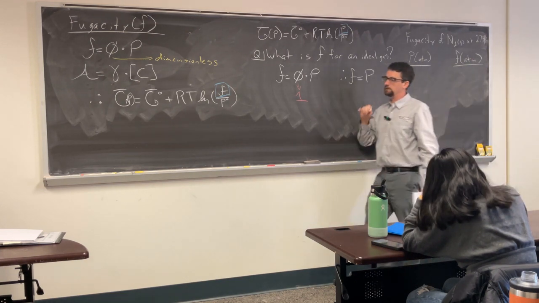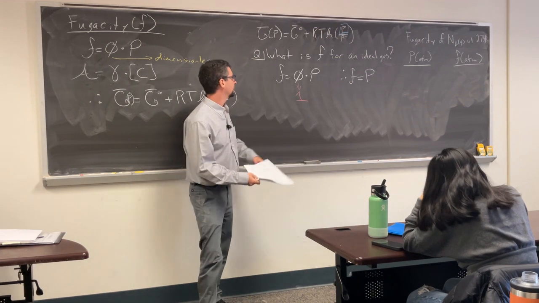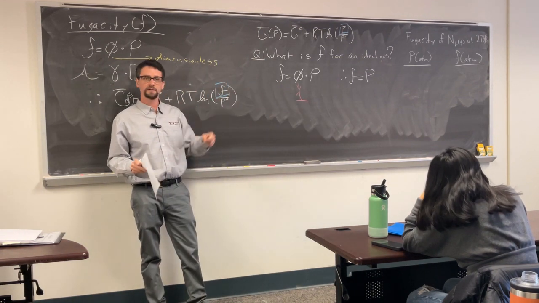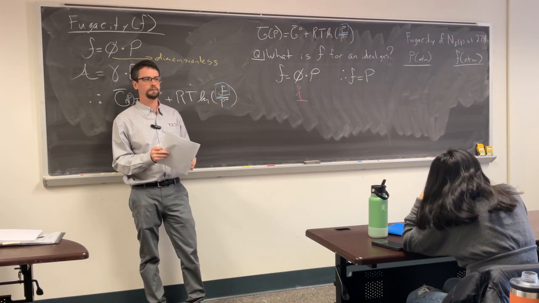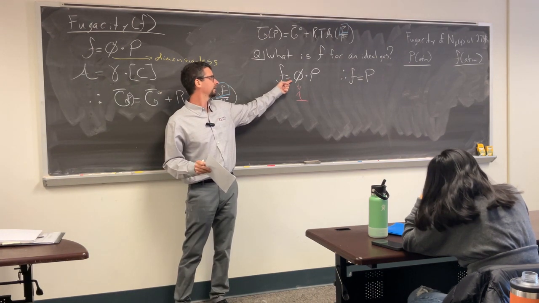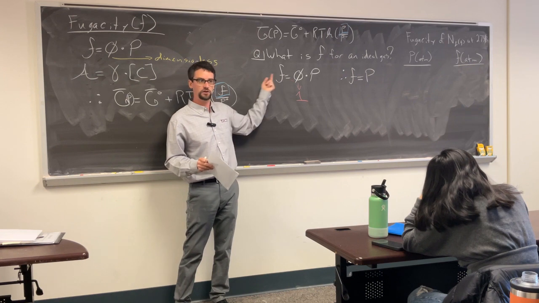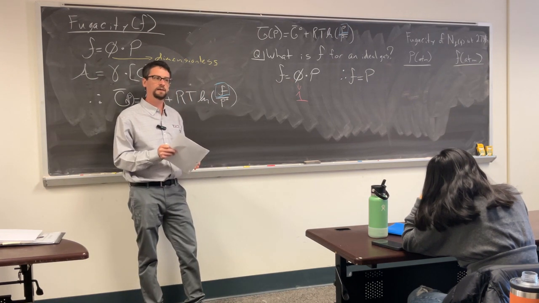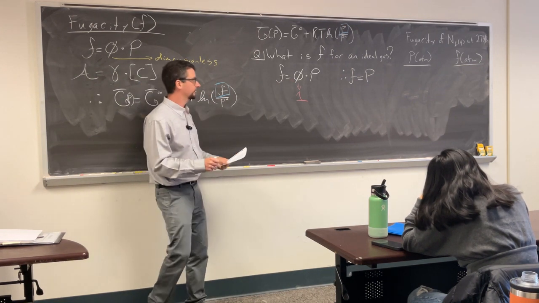So notice, what should the units of fugacity be given this equation? What are the units on this thing? There aren't any units there, so what should fugacity's units be? Yep, atm, or whatever the pressure is.